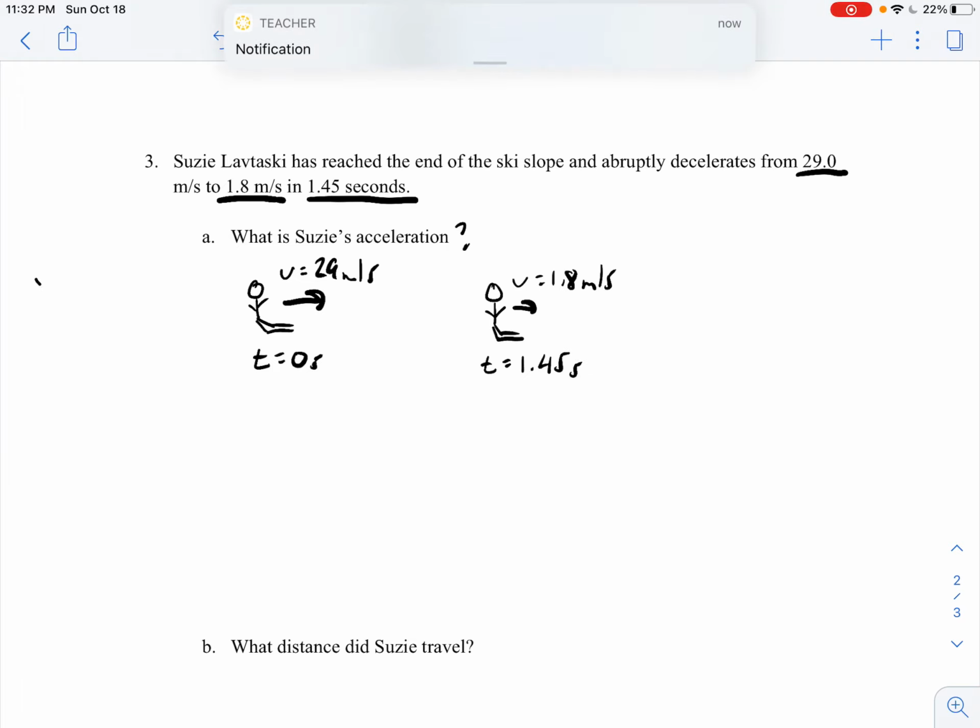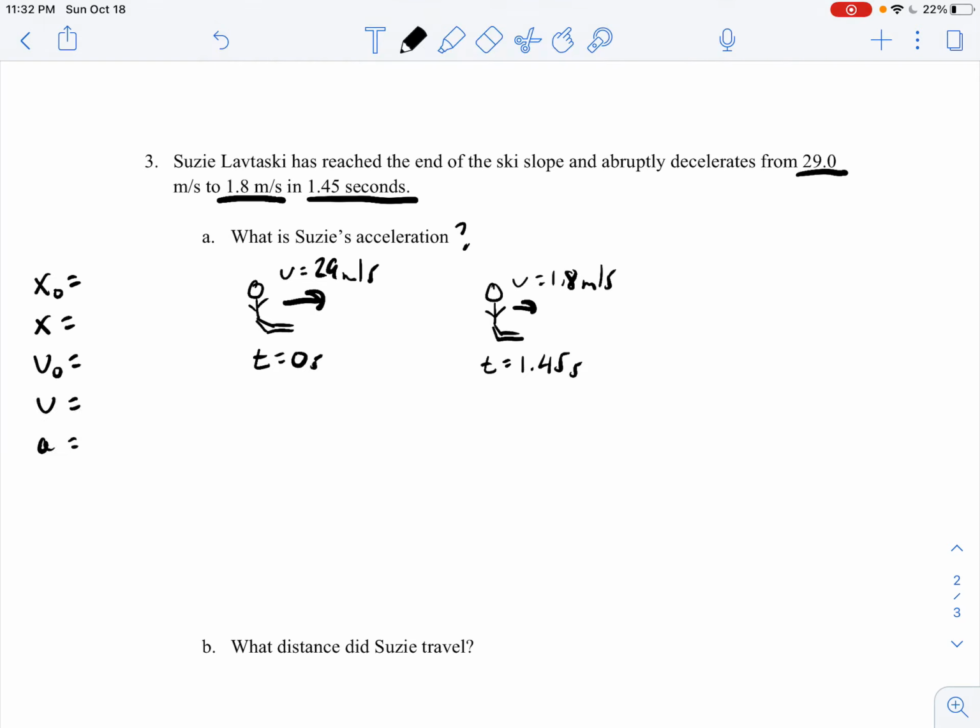So thinking about our variables here, we have initial position, final position, initial velocity, final velocity, acceleration, time. We know that our initial velocity is 29 meters per second. We know that our final velocity is 1.8 meters per second.